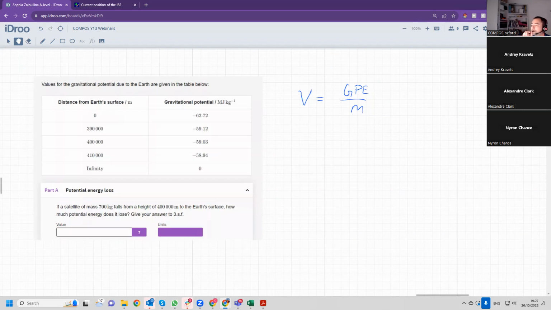Why would there be a potential energy? Look, at infinity, the gravitational potential energy is 0. You think about it.